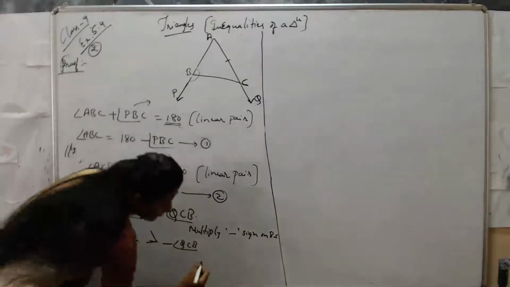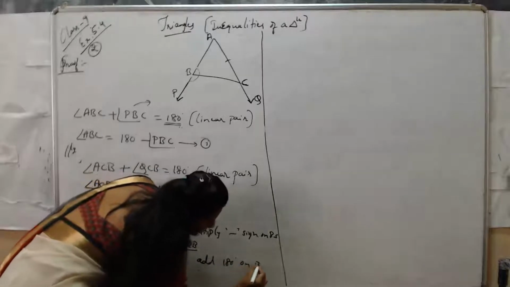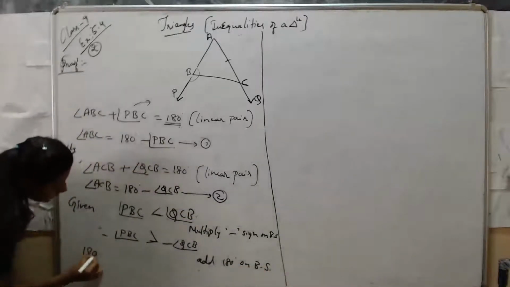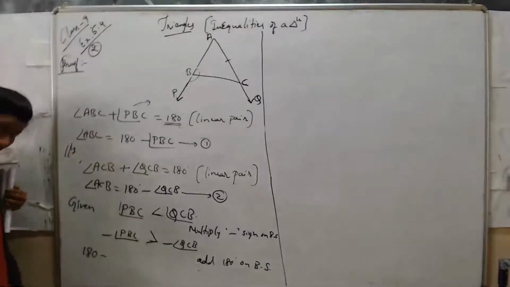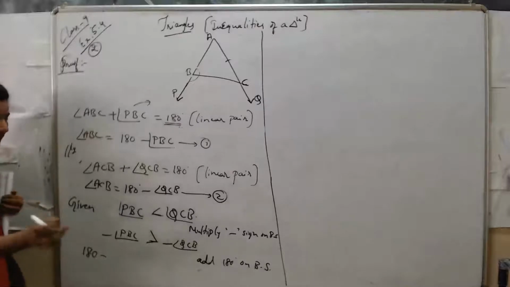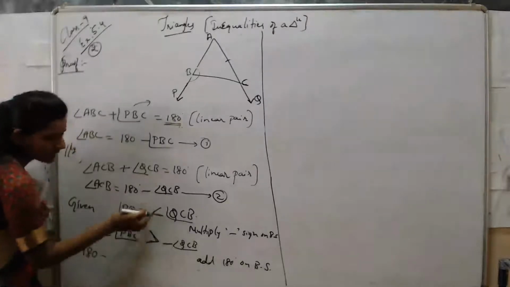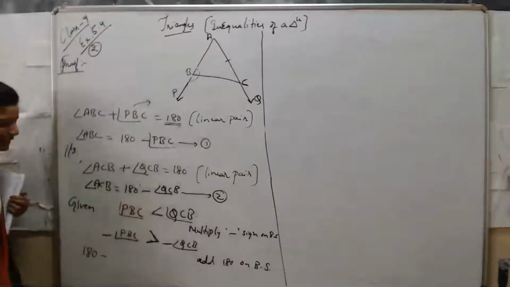Now add 180 degree on both sides. Now no need to change sign. Only if you multiply by a negative symbol does the sign change. If it is less than, it becomes greater than. If it is greater than, it becomes less than.